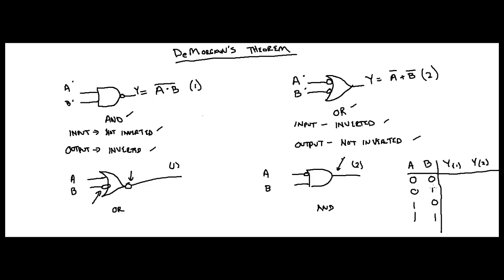Now let's take a look at it. Let's do this first gate. If they're both 0, that means you have a 0 here coming in, and you have a 0 and it's inverted to a 1. So the OR gate is a 1, 0, right? So with a 1, 0, the output's going to be a 1, but it's inverted by this bubble, isn't it? So it's going to be a 0, isn't it?